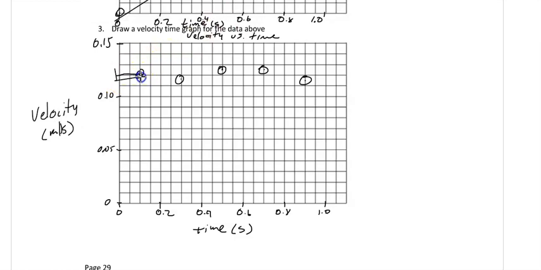This program does not like nice horizontal lines, let me tell you. And so I want to bring that up, bring this down. It should look something like this. Probably right along this 0.12 line right here. Using a ruler would be best.